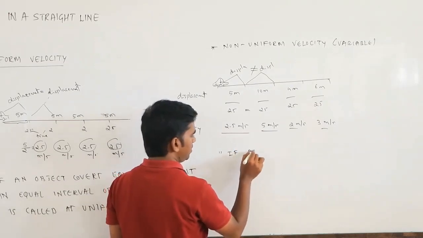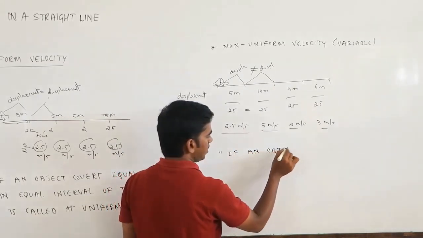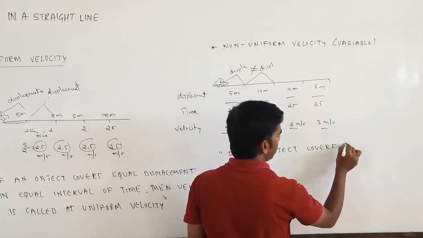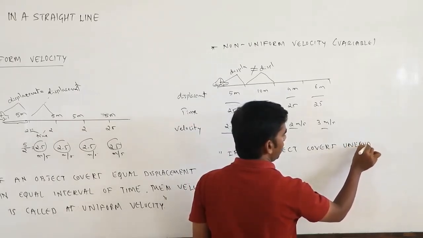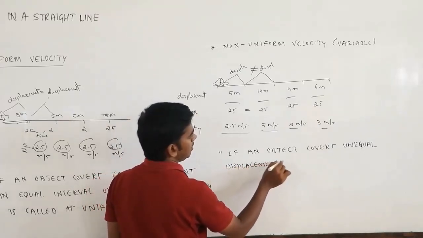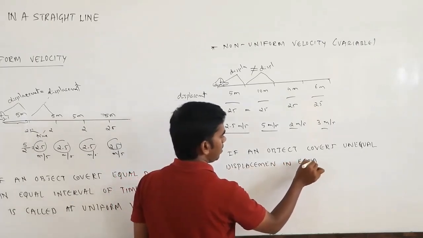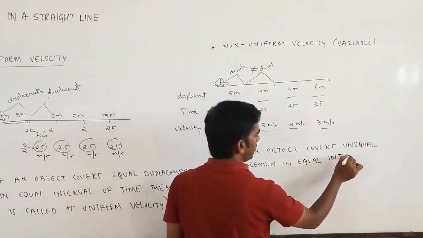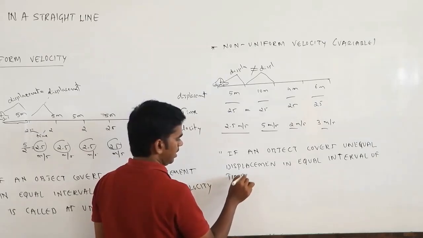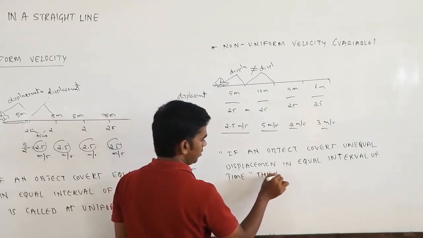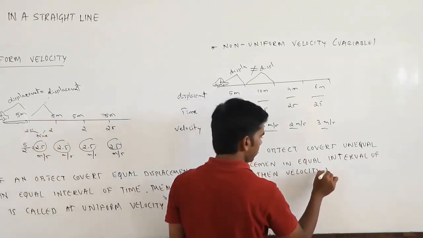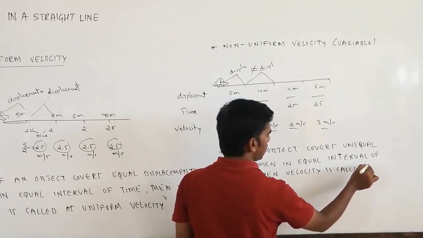If an object covers unequal displacement in equal interval of time, then velocity is said to be, or is called what?